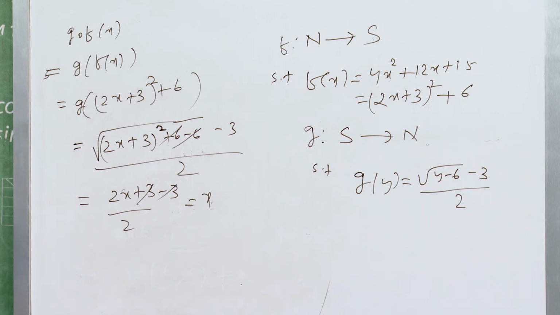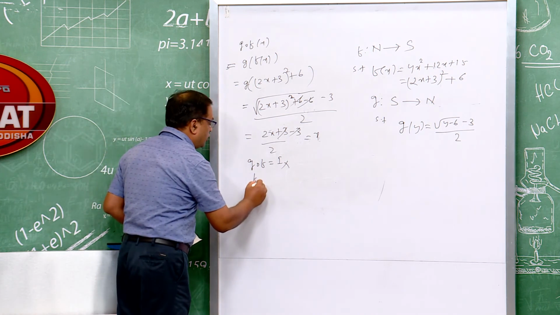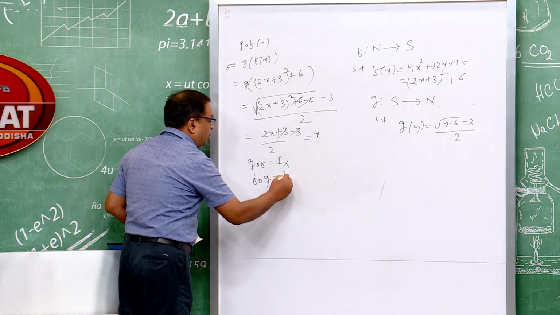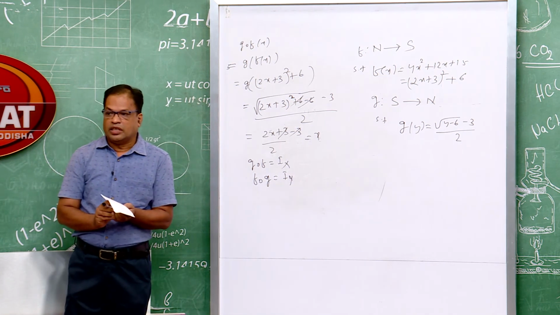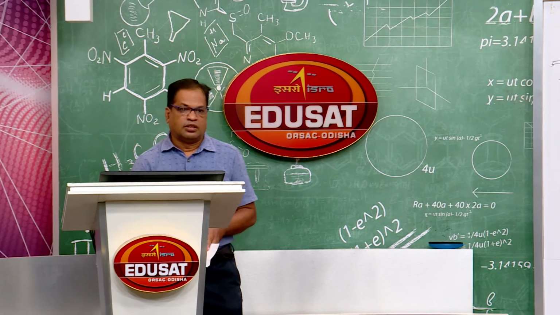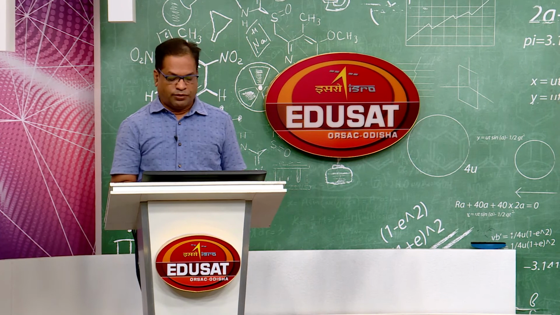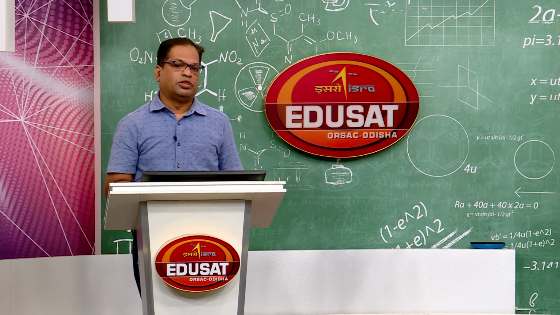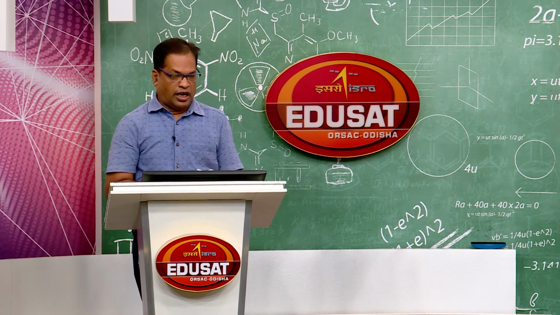So g composition f is nothing but the identity function on X. Similarly, we can find f composition g, which will be the identity function on Y. So here initially f was not invertible, but after restricting domain and codomain, we obtained g such that g becomes the inverse, and f composition g and g composition f are identity functions.